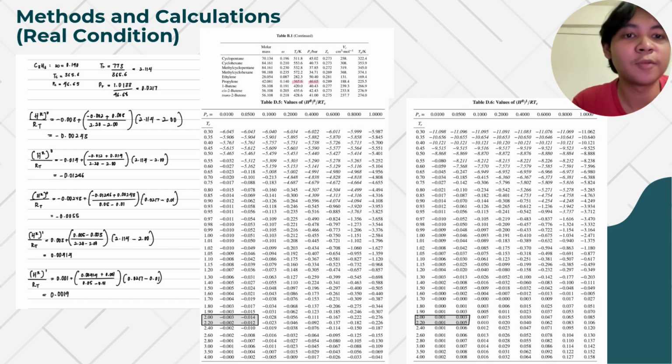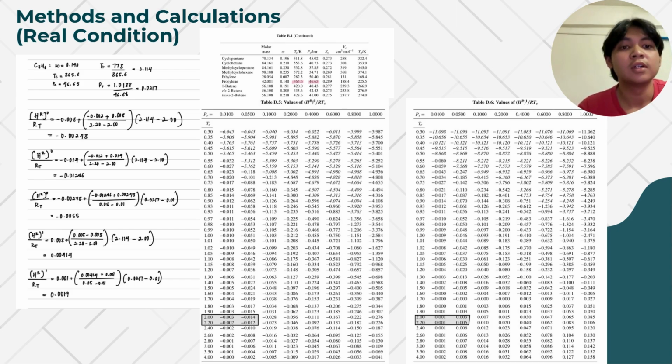Okay, next, as for propylene, it is just the same as the previous one we did for methane, but the HR1 over RTC for propylene at TR of 2.114 is assumed to be 0.001, since the value for HR1 over RTC from reduced temperature 1.9 until 3.00 is 0.001, which means that the value is constant in this range.